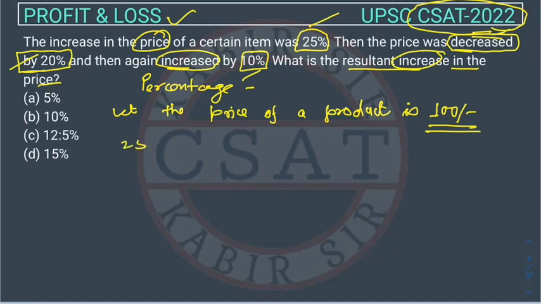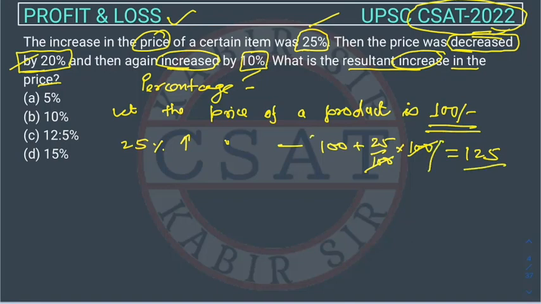So now this question is like, 25% increase in the price, right? So what is the final price after 25% increase? It will be like 100 plus 25% of 100. This 100 will cancel this 100, then it will become 125, right? You don't need to do these things if you understand the basic concepts I told you, like 100% of x will be x itself, right?